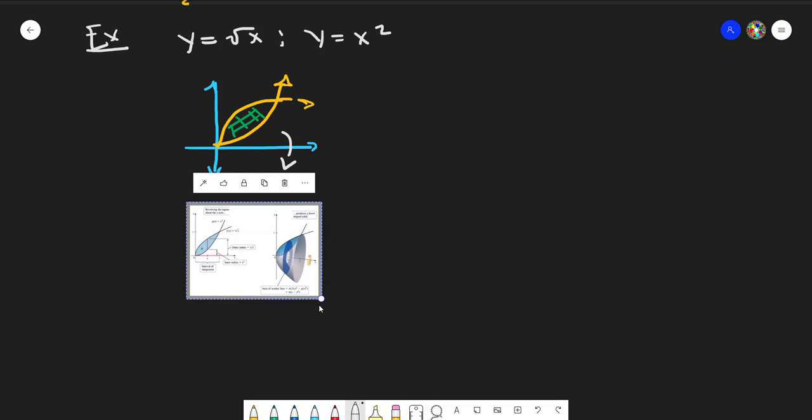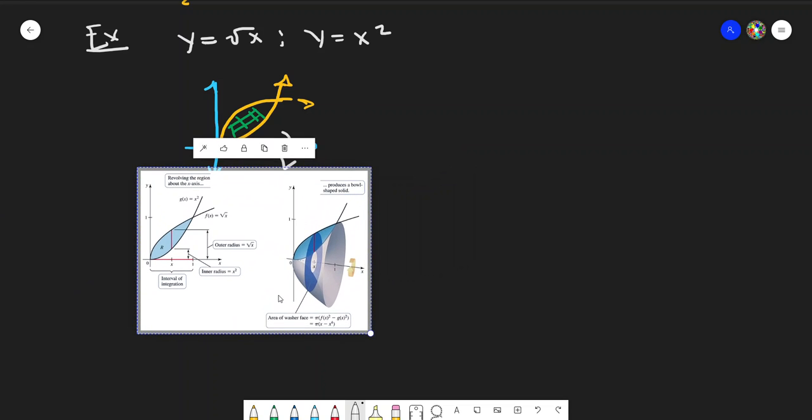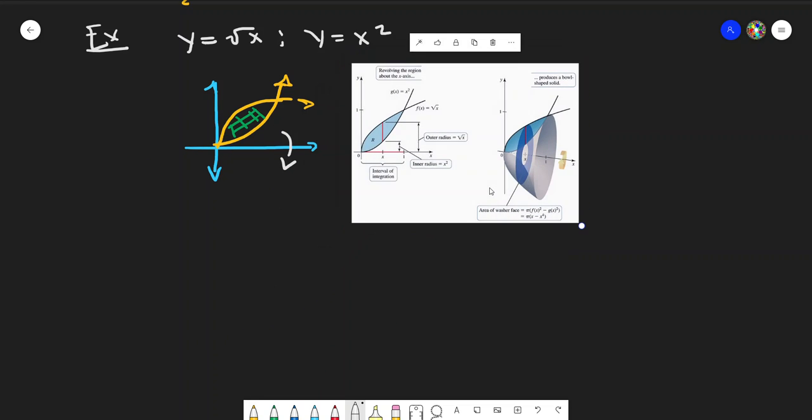So here we know that the parabola is the lower function and the square root function is the top function. So we know which one is the outer radius and which one is the inner radius. As we rotate around the x-axis, you can see that washer right there, and you're integrating from 0 to 1 in this case.